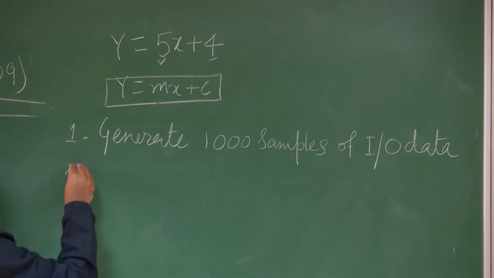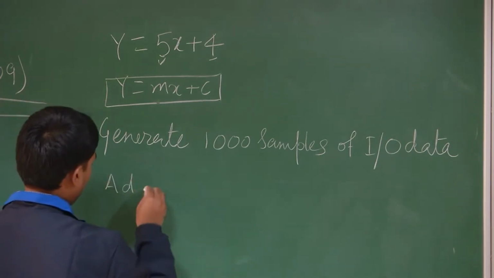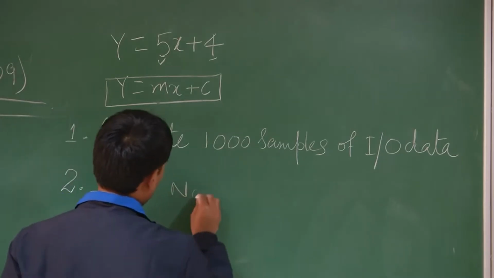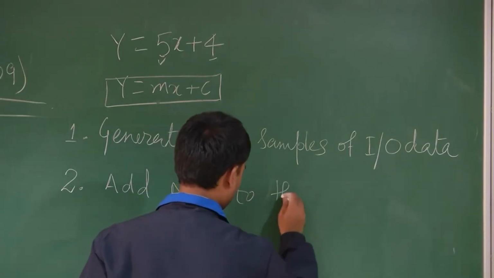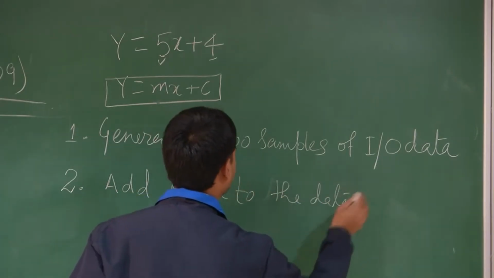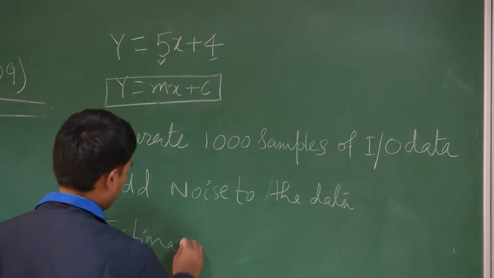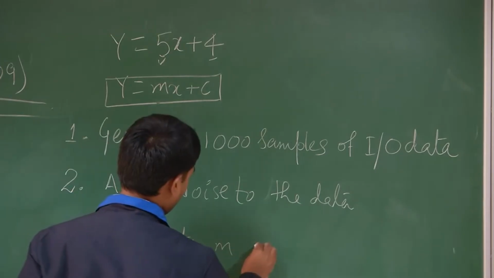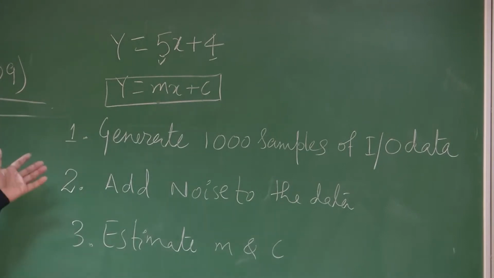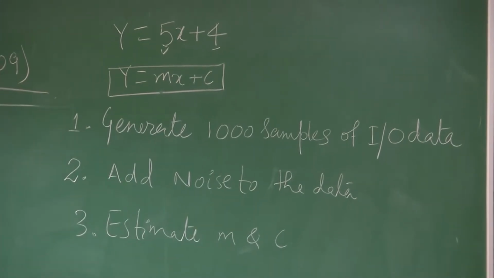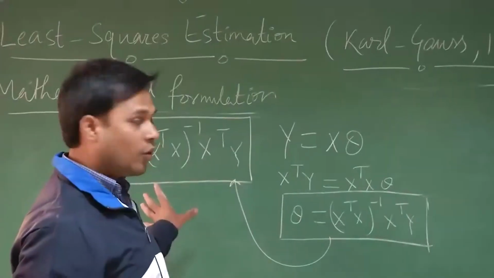And second, to check the efficiency of this algorithm, you can add noise to the data and then estimate slope m and intercept c, right? So how will you proceed with that? Now we will develop the understanding of how this kind of problem can be broken into this format.